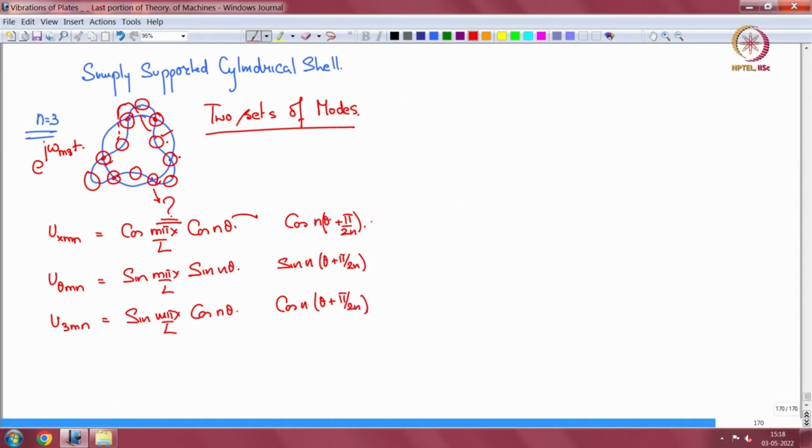So this gives me the rotation. I need cos n theta plus pi by 2, sin n theta plus pi by 2, cos n theta plus pi by 2. Okay.